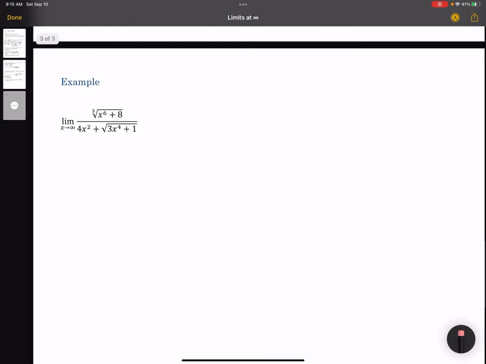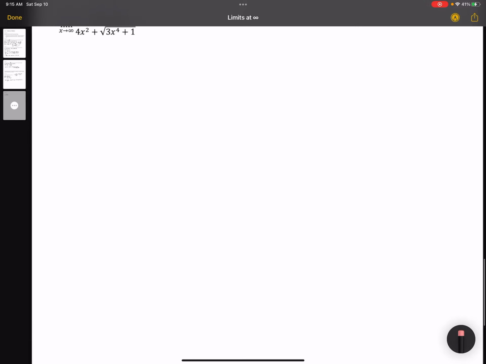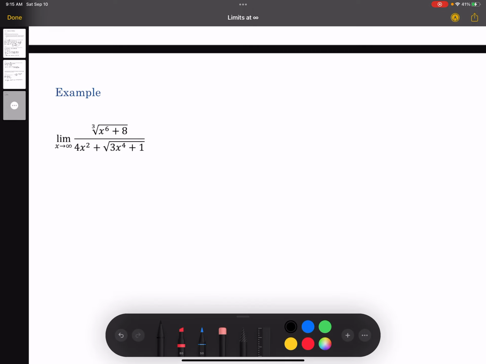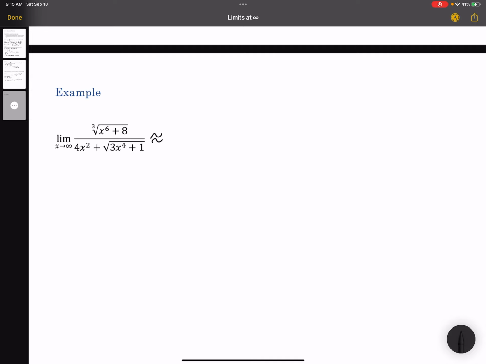All right, so now some quick examples. Is this the last one? Yep, the last one. So we want to examine the limit when x approaches infinity of that thing. So we're going to say this is approximately the limit when x approaches infinity of the cube root of x to the 6th divided by 4x squared plus the square root of 3x to the 4th.